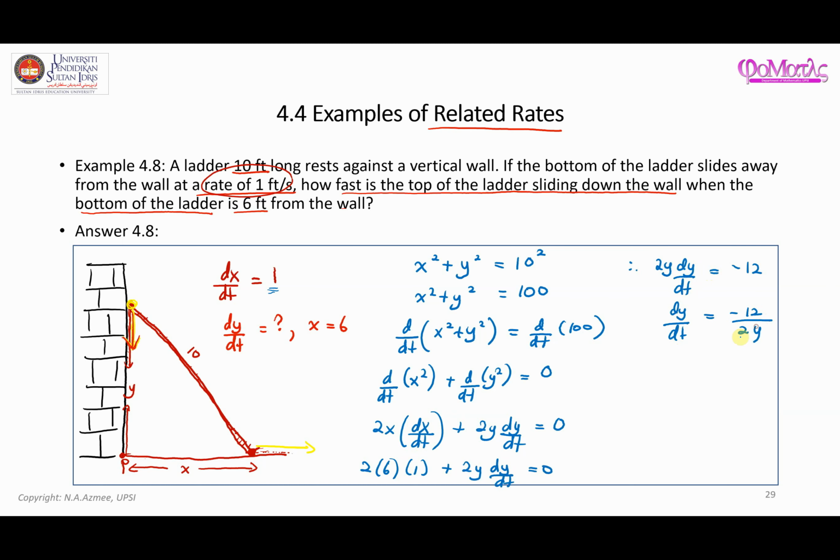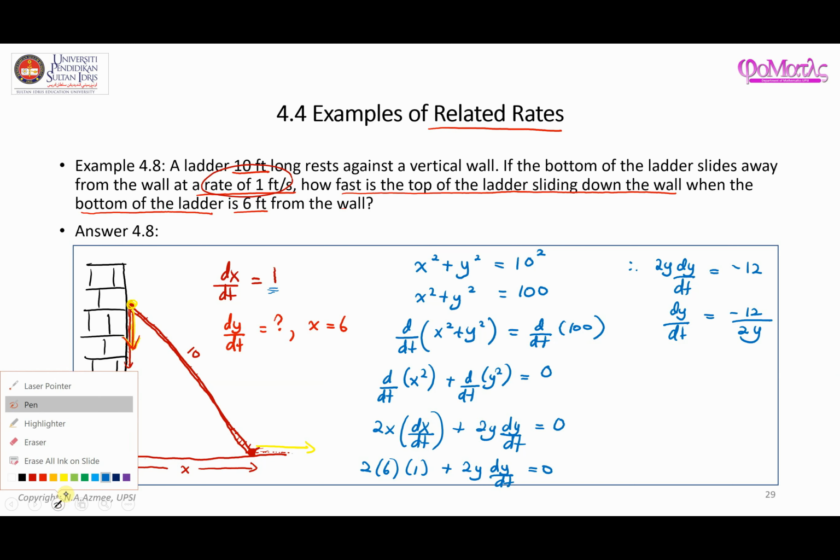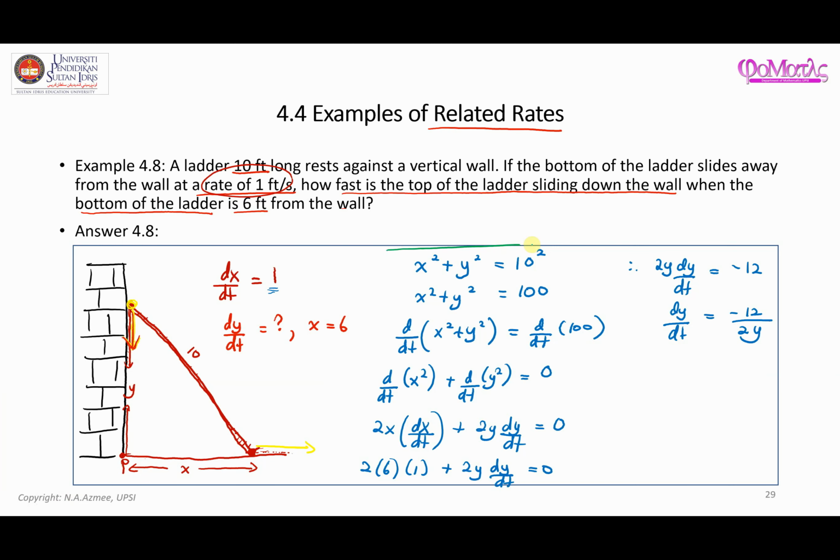And dy/dt must equal negative 12 over 2y. If we go back to the original equation, we can substitute x equals 6 and you will get y equal to 8.